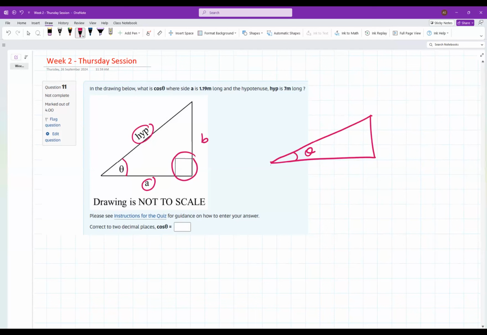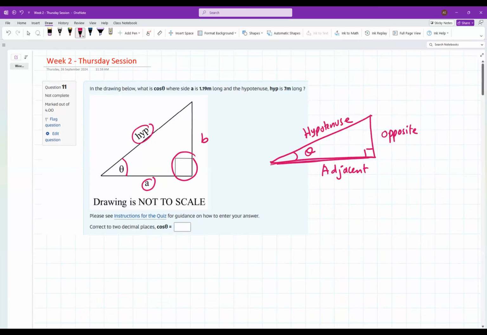For the angle theta, the line beside the angle is called the adjacent, and the line opposite to the angle is called the opposite. And the line opposite to the right angle is called the hypotenuse.